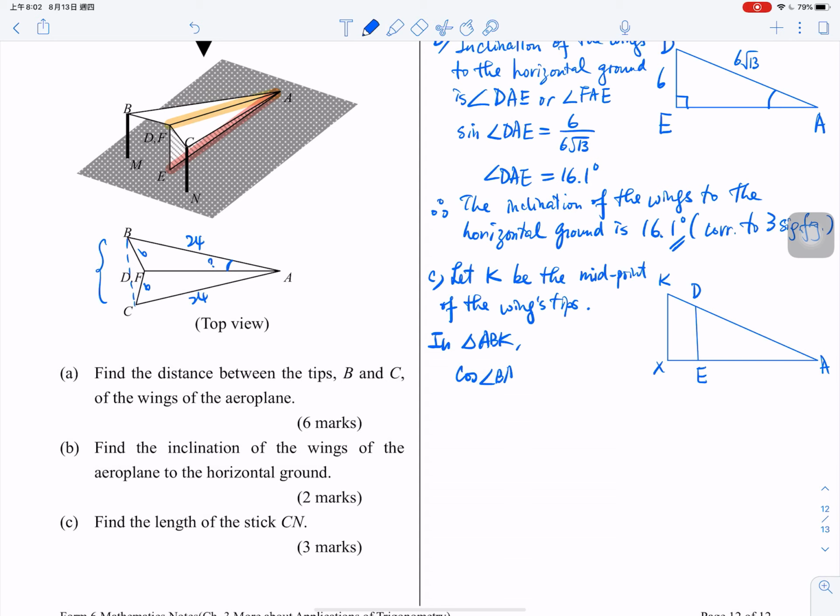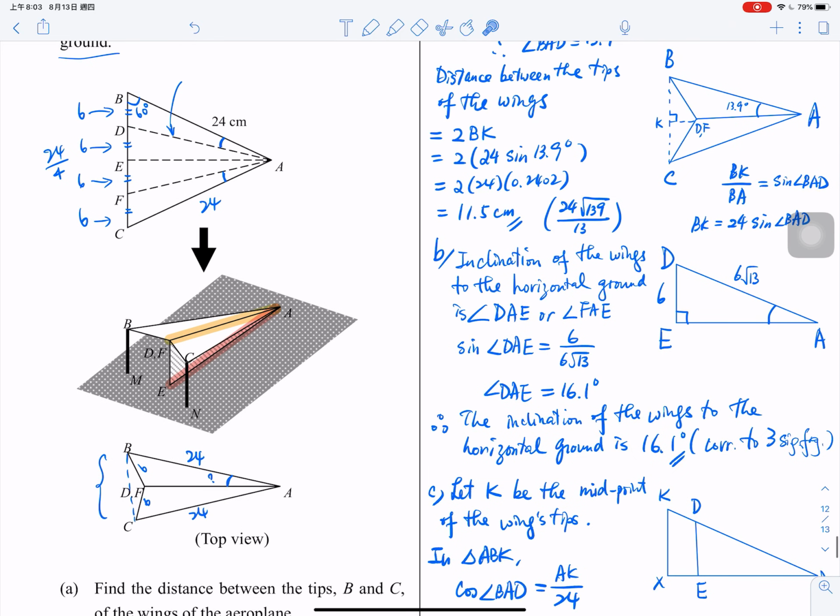Okay, so in triangle ABK, cosine angle BAD equals AK over 24. Then we can use AK over 24, this one over this one, right?